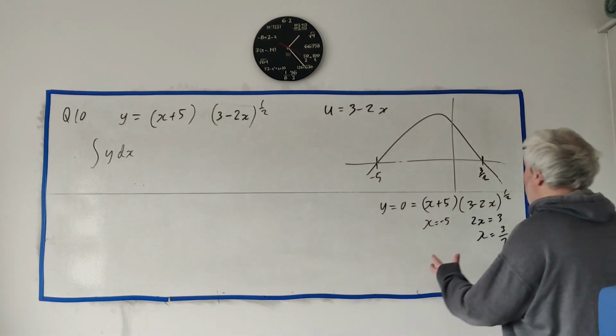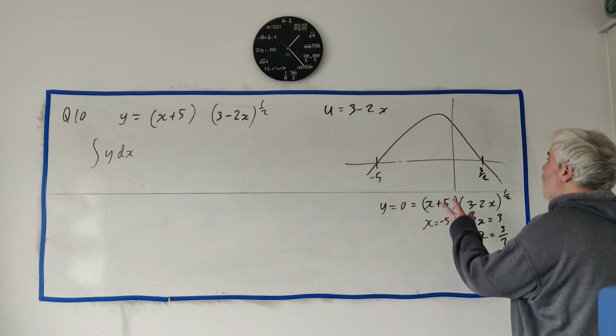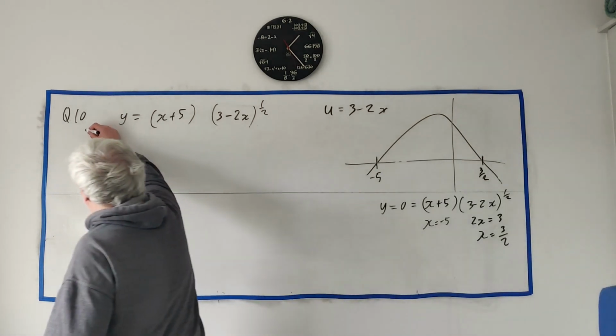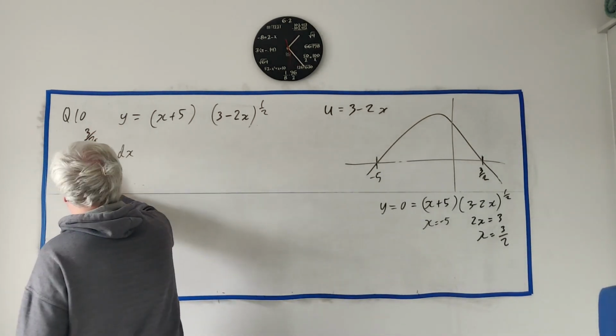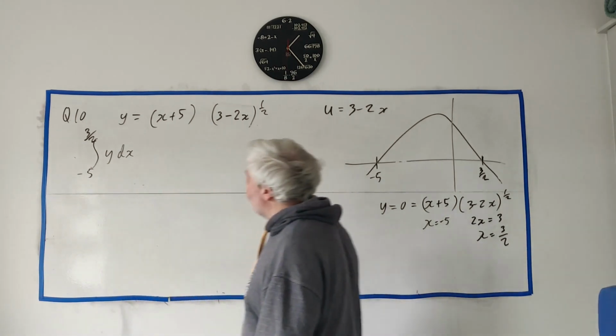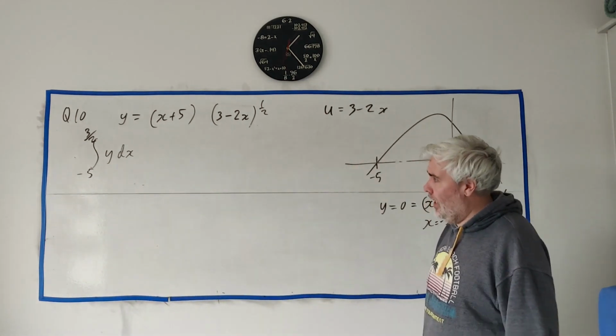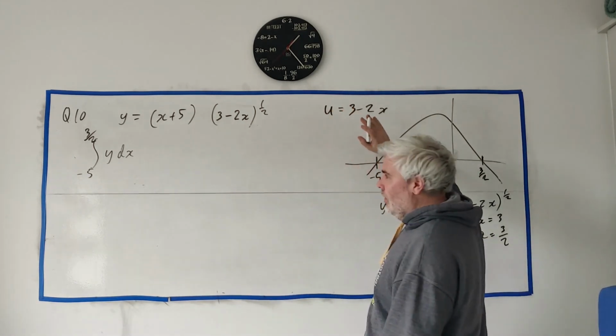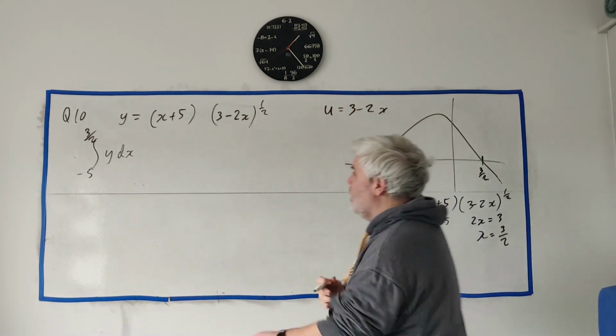So we're going to integrate, let's see, I always mix these up, between this one minus this one. So 3 over 2 to minus 5. Let me just check that's correct. Yeah. Okay, we're going to integrate that. That means integrating all of this. But they do give us a hint. They tell us to try and substitute u in.